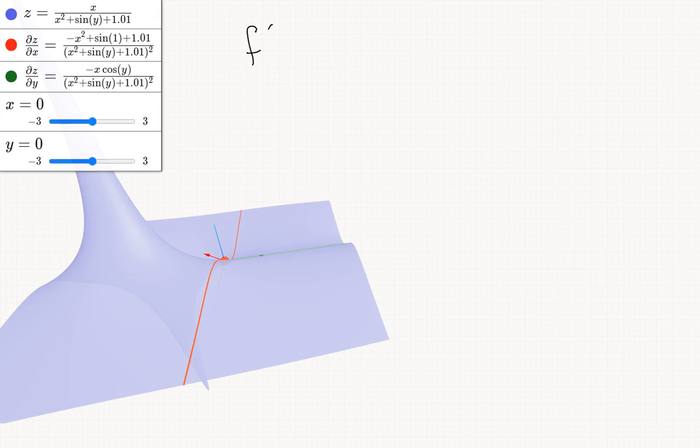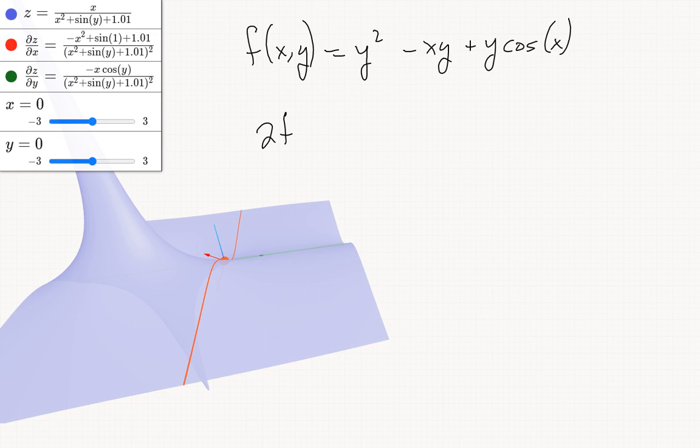All right, finally, let's try f of x,y is x over x squared plus sine of y plus 1.01. So I put this 1.01 here so that we don't divide by 0, since x squared is always greater than or equal to 0, and sine of y is always greater than or equal to negative 1.